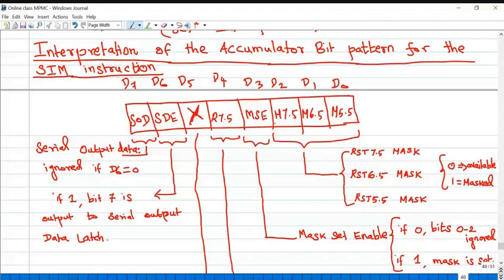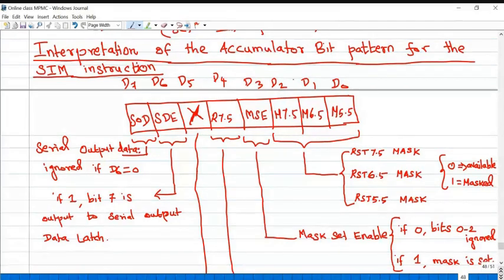To control D0, D1, D2, the D3 bit is used. That is the mask set enable. If this mask set enable equals 1, it indicates that any one or more than one of the interrupts can be masked or unmasked. If the mask set enable equals 0, the D0 to D2 bits are ignored.